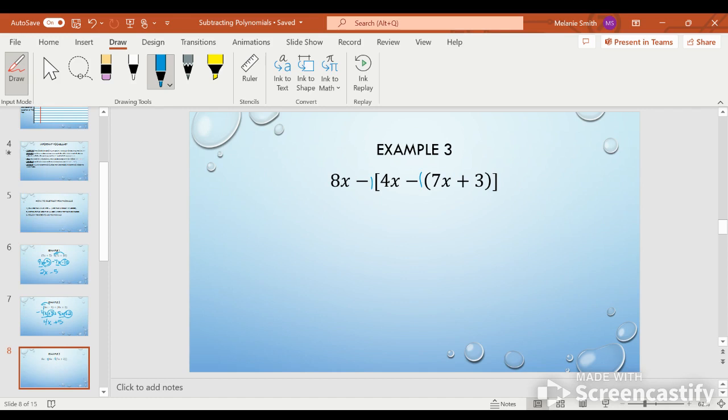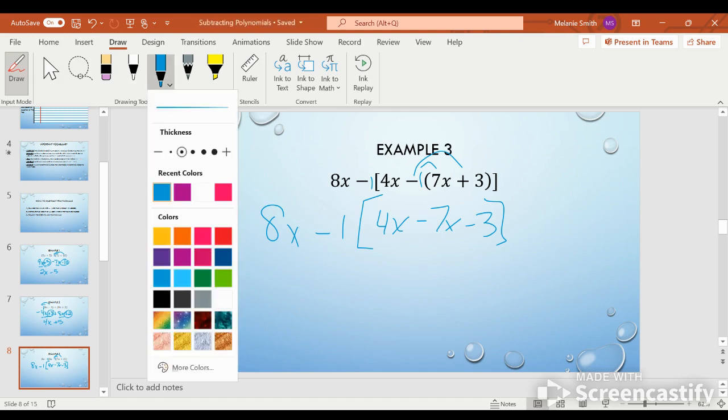And so I'm going to do negative 1 times 7 and negative 1 times 3. So that makes minus 7x and minus 3. And then I'm going to bring down the 4x and keep my brackets. I haven't done anything to get rid of those brackets yet. And then I'm going to bring down 8x minus that negative 1 times the brackets.